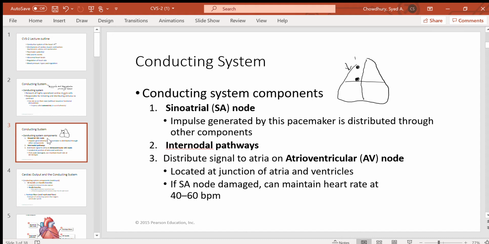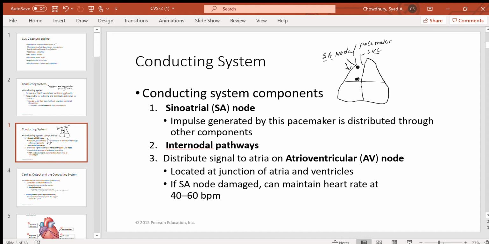The upper one is located where the superior vena cava enters the right atrium. This is the superior vena cava, the vein that brings the blood into the right atrium. Near its entrance, you have the SA node or sinoatrial node, which is also known as the pacemaker of the heart. Many of you have heard of a pacemaker, so this is the pacemaker.